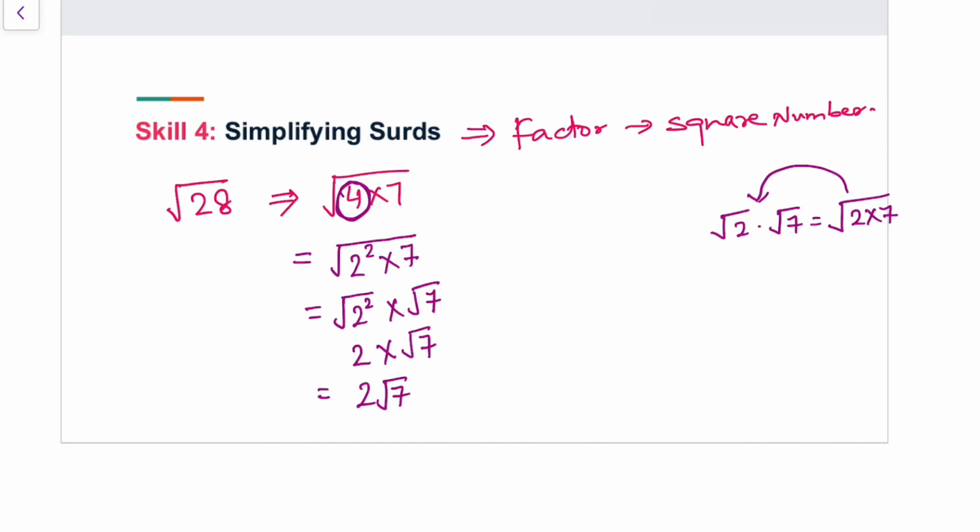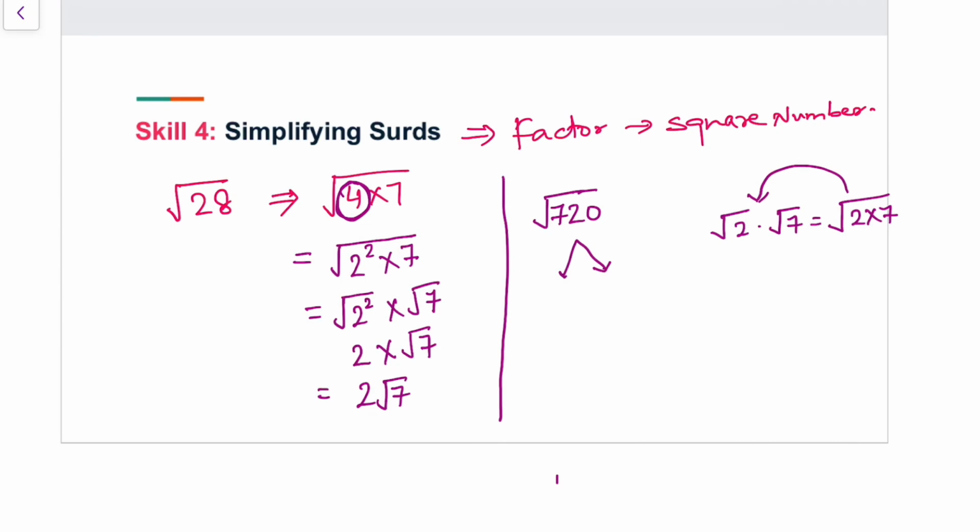Let's do one more of a similar question. So let us suppose we have another number as square root of 720. Right? So here when I look at this number, I cannot think of a square number straight away. Well, you might. What I do is I just write down the factors that I can think of, right?